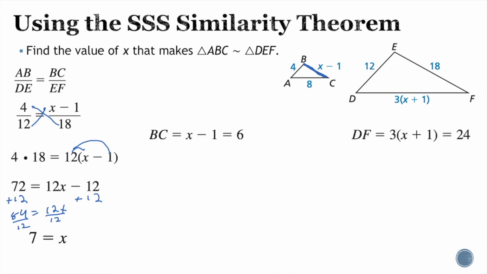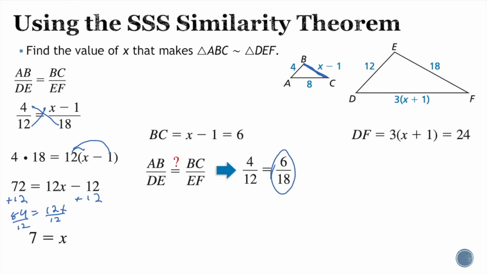So, to make sure that this is in fact the correct value to make these two triangles similar, I need to substitute the value of x into BC and DF. So, are these proportional? Well, I have a reduced proportion of 6/18.